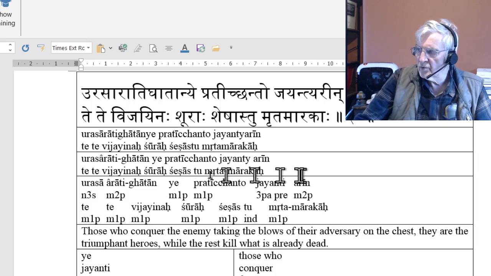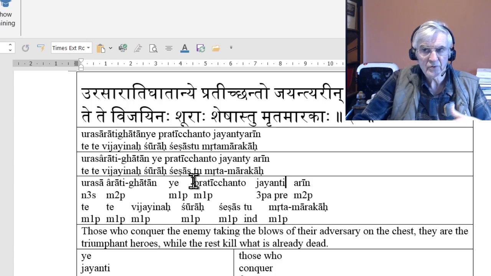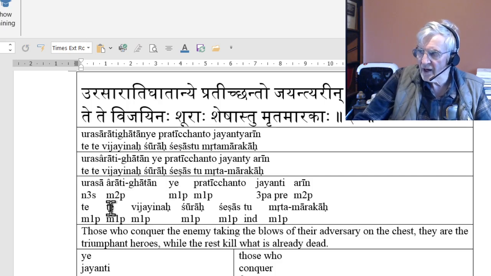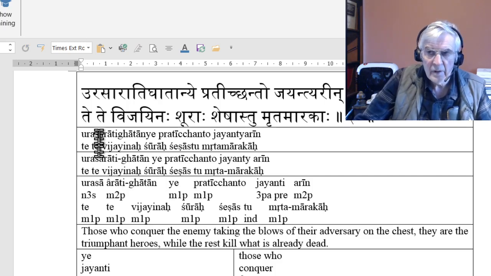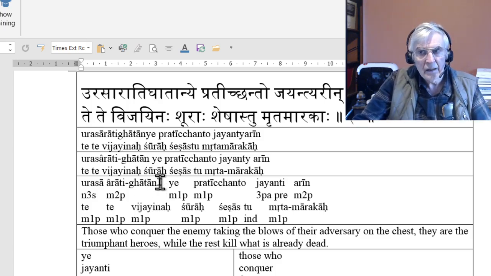So those who are urasa arati ghatan ye pratichanto. The ye actually goes with the present participle, ye pratichanto, those who are receiving the blows, the ghata, the blows of their enemies, urasa, with the chest.